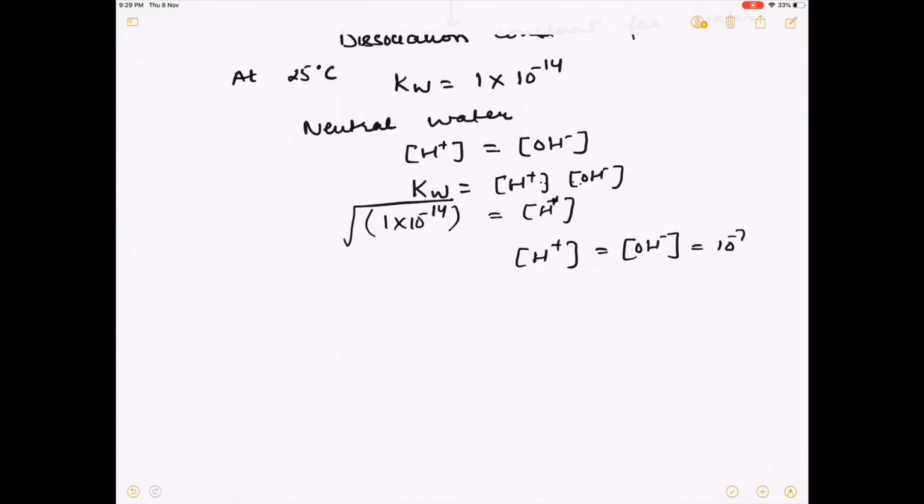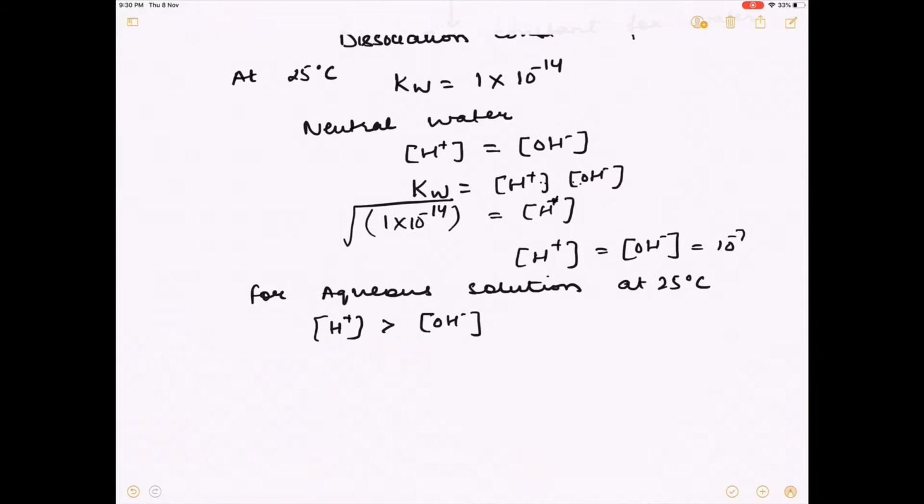Now let's discuss 3 situations for aqueous solution. So for aqueous solution, again at room temperature, that is 25 degrees Celsius, if H ion concentration is more than OH ion concentration, remember I am talking about aqueous solution, so it's acidic. The solution is an acidic solution.